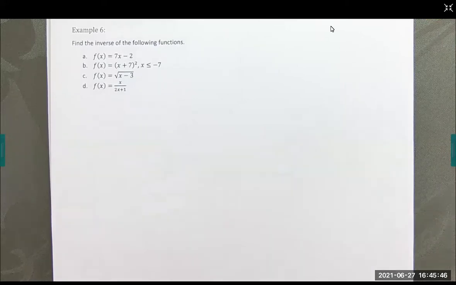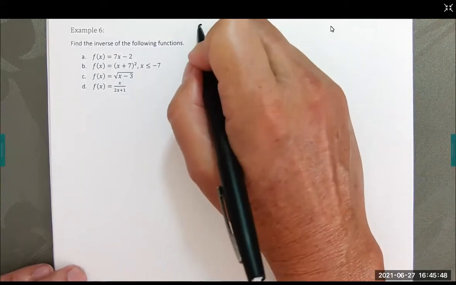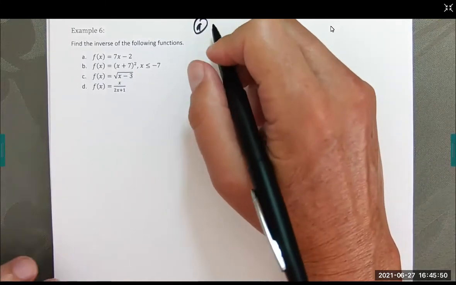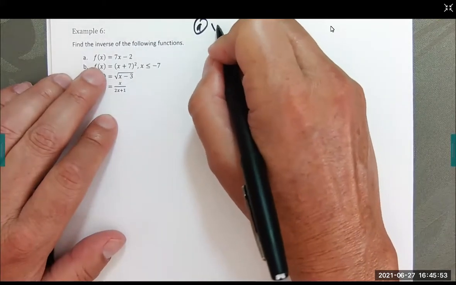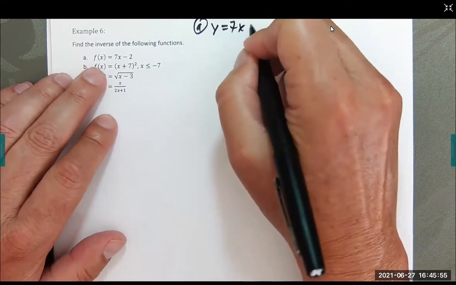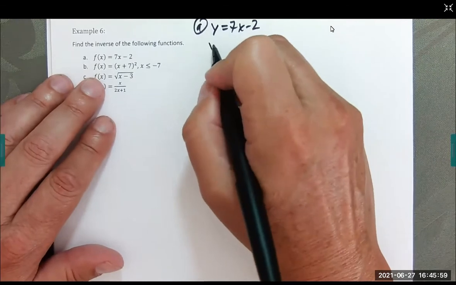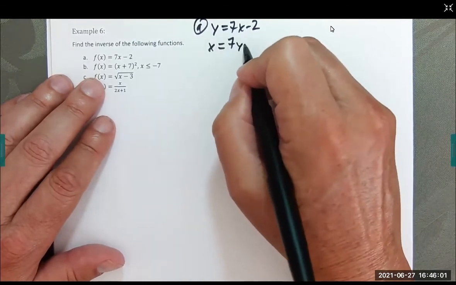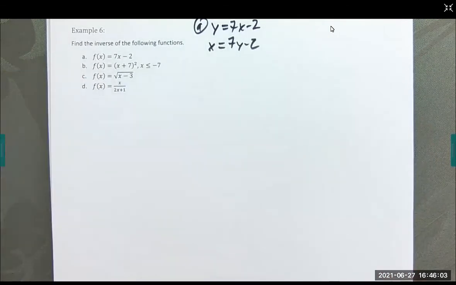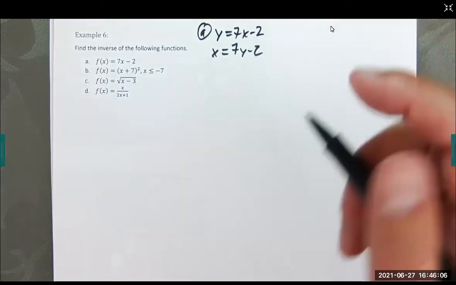Start with part A. So first thing I'm going to do is rewrite it as y equals 7x minus 2. And as the direction said, we're going to swap out the x and y's. And then we're going to solve for y.